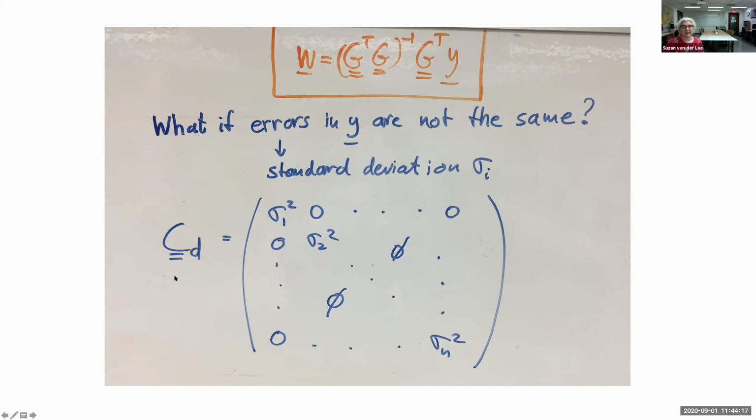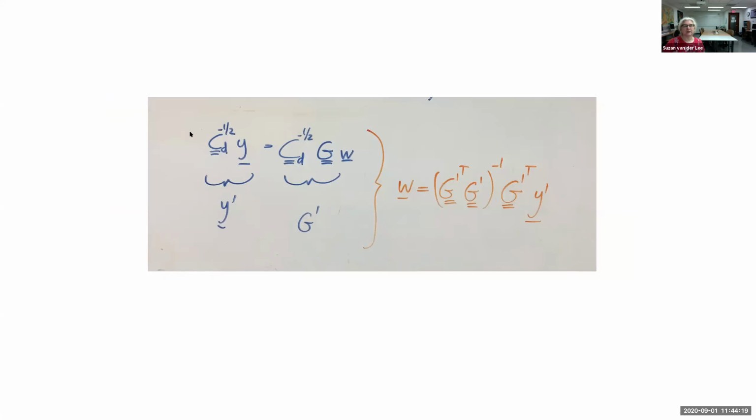We can then weight the left and right-hand side of our equation with the inverse of the square root of these measurements. Basically, we take measurement y of k and divide it by the standard deviation, which is the error estimate for y of k. So every single measurement is down weighted by its uncertainty.